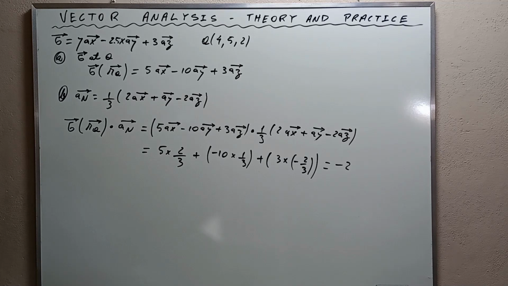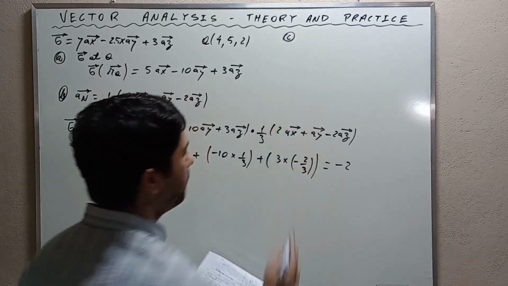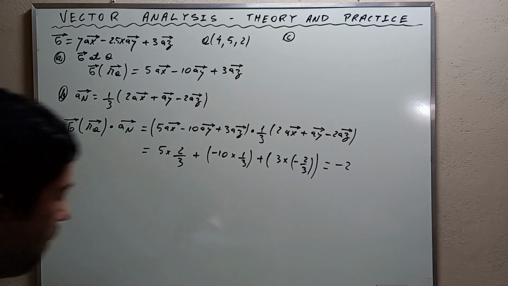Now let's go to letter C. What does letter C want? The vector component of G at Q in the direction of AN.